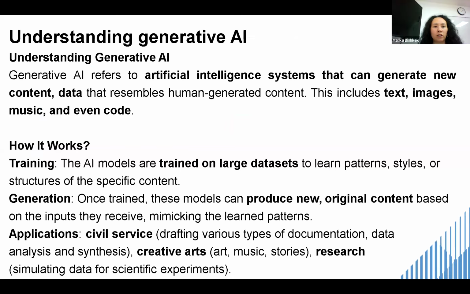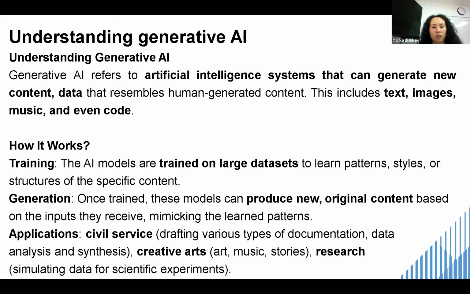Generative artificial intelligence refers to artificial intelligence systems that can generate new content and data that resembles human-generated content. This includes text, images, music, and even code. How does it work? The AI models are trained on large data sets to learn patterns, styles, or structures of the specific content.